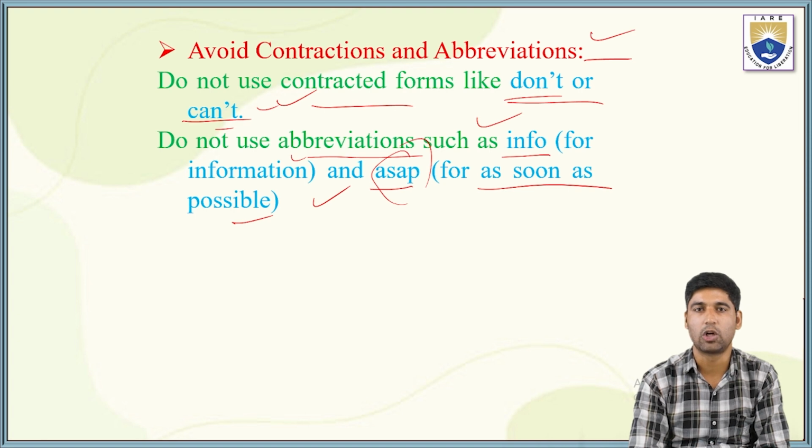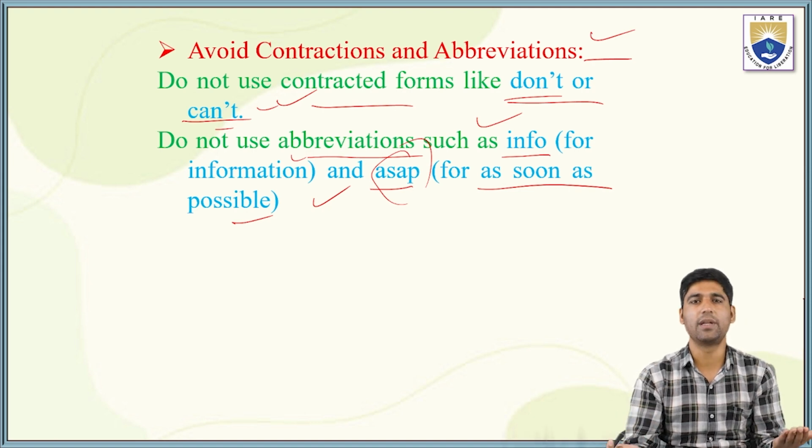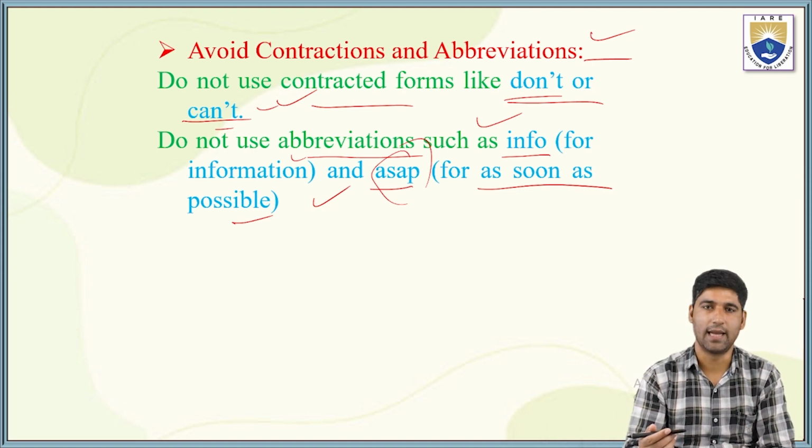There are different short forms and abbreviations which people nowadays use for communication on different social platforms like WhatsApp, Facebook, Messenger, etc. I'm not endorsing anything here. I'm just quoting these things in order to give you an example.